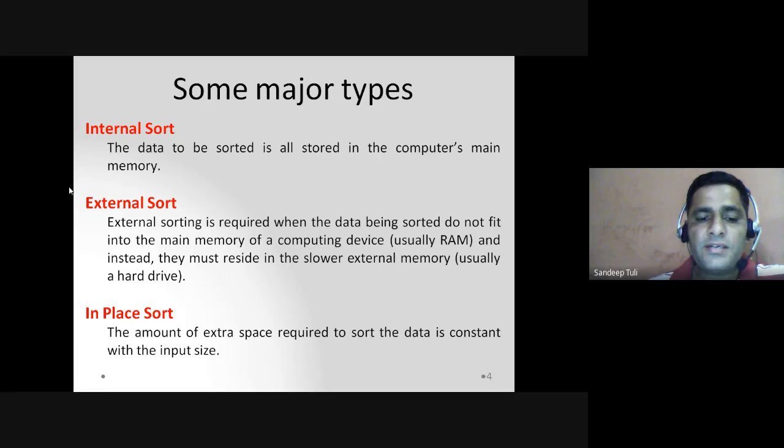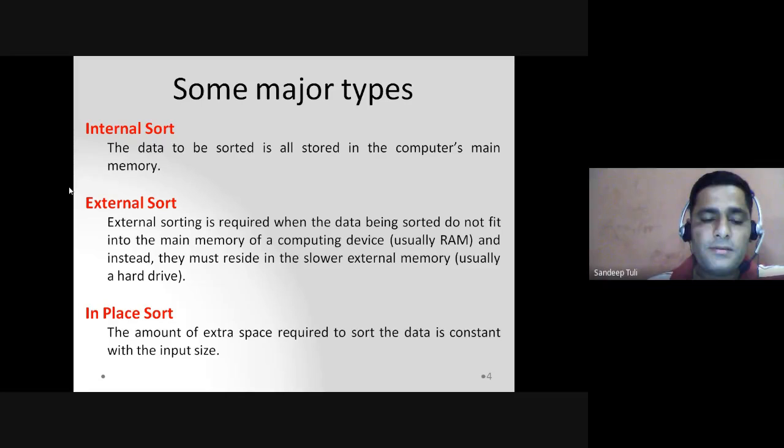The definition is: external sorting is required when the data being sorted does not fit into the main memory of the computer, which may be RAM, and instead it must reside in the slower external memory, that is, the hard drive. Whenever this kind of situation occurs, we say it is an external sort algorithm. Now the next one is the in place sort algorithm.